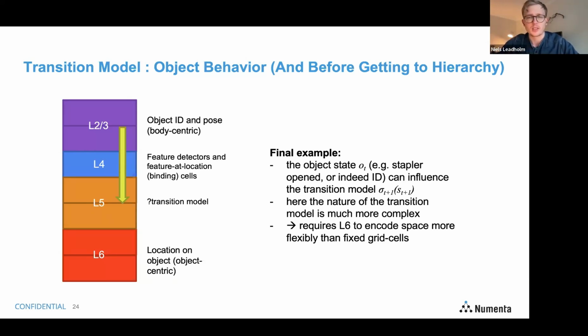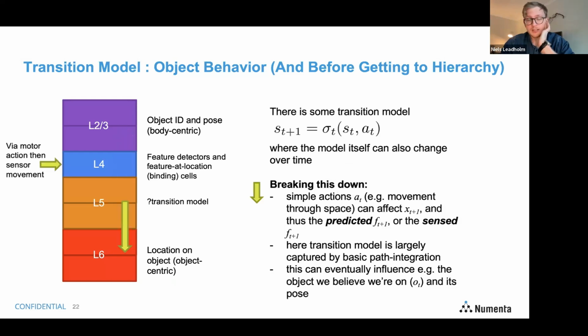So it's not as simple as there being an environment that we are moving through, and then there are actions that we're taking. It all feeds back. Yeah, that was that part.